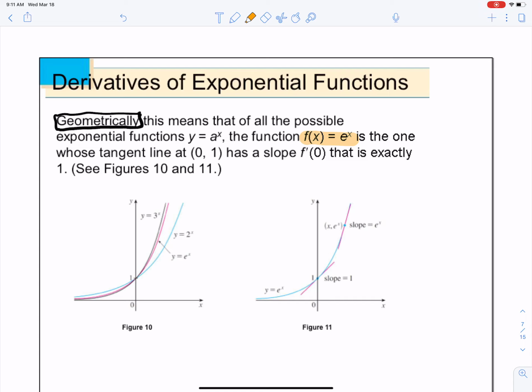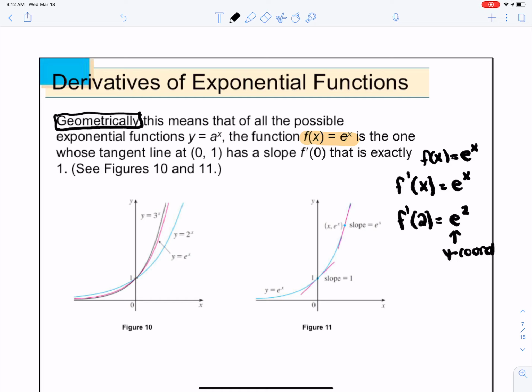So if I want to do the derivative of e to the x, I know that the derivative is going to stay e to the x. So if I want the derivative at, say, 2, this is just e to the 2, which is like the y coordinate at that point on the original function. So that's quite powerful because no other function does that.